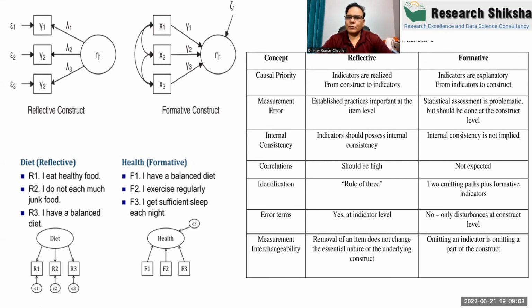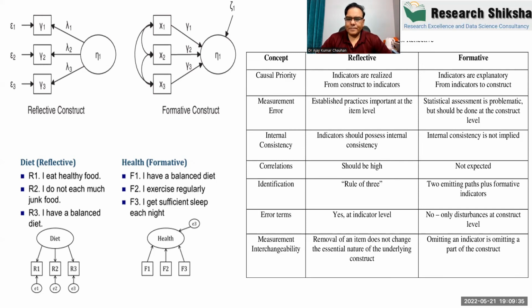So what is the thumb rule? At least 3 statements should be there in a reflective construct. In formative, there is no rule. You may have 2, 3, 5, any number. So identification means how many statements should be there in reflective and formative constructs. In reflective, you must have at least 3. In formative, no set number.